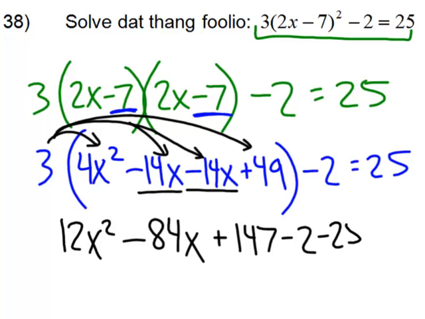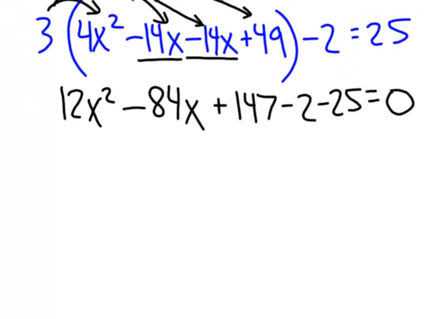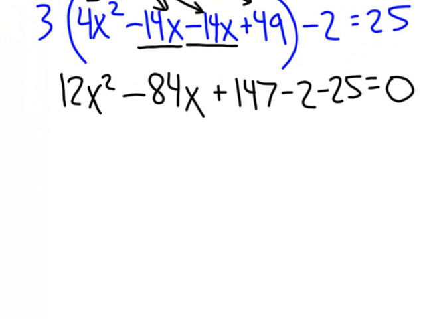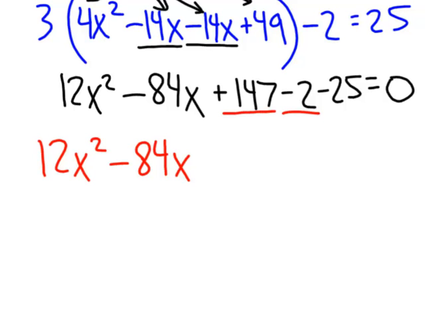Minus 25 equals 0. These numbers are getting a little big to the point where you may be tempted to start grabbing a calculator. Resist that temptation. Let's work on our mental math. Old school, doing math in our head or by hand. All right, plus 147 minus 2 would give us 145. 145 minus 25 gives us 125.